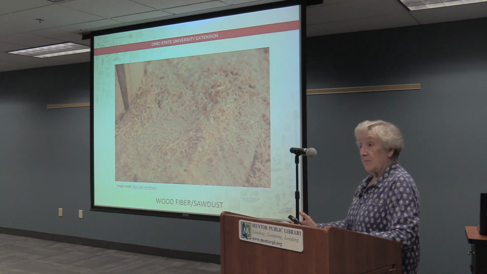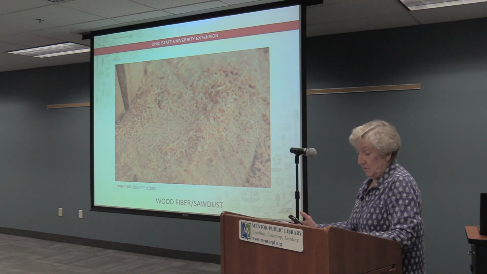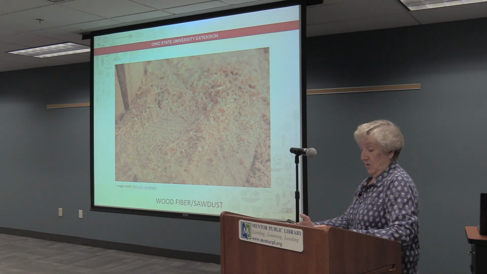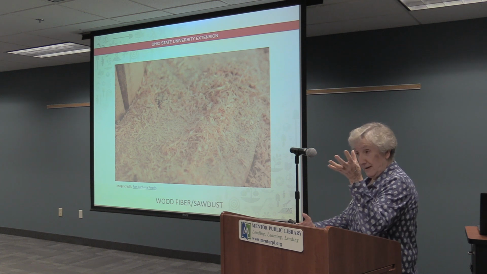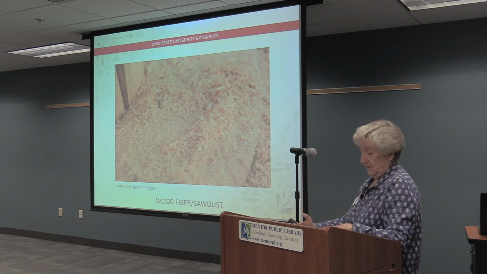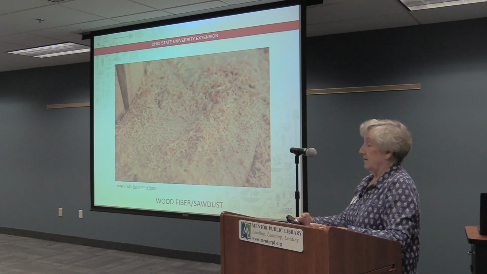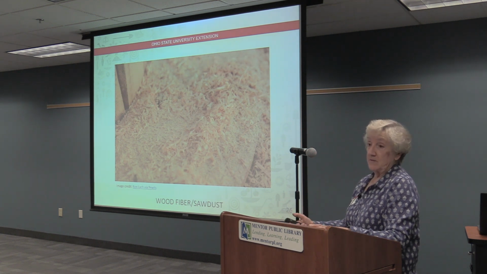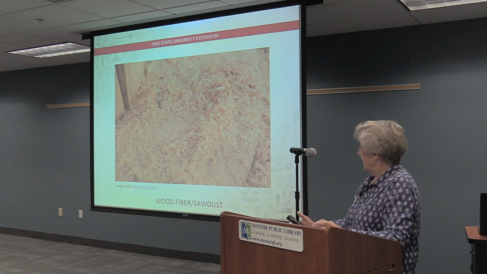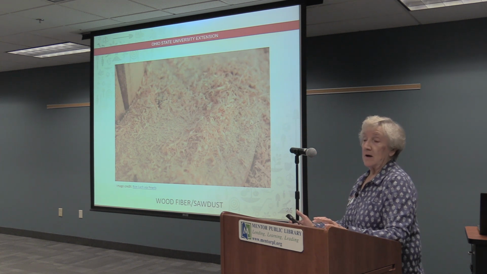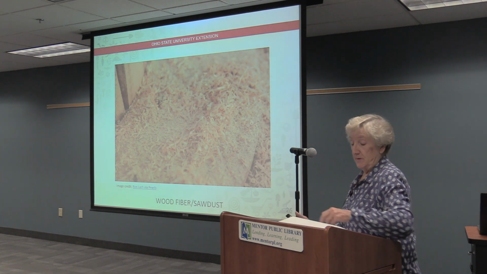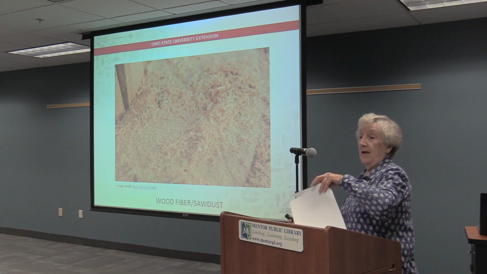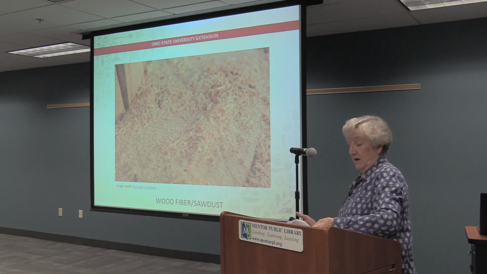Most uncomposted sawdust contains only a few tenths of 1%. So the microorganisms go and take the nitrogen out of the soil, which does not leave it there for the plant's purposes. So if it is sufficiently composted, that is not a problem. The breakdown has already occurred, and it will not be robbing the soil of nitrogen.